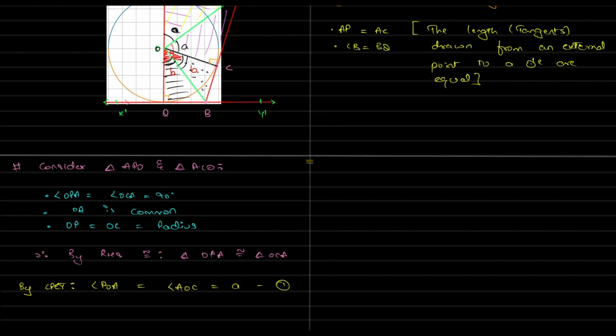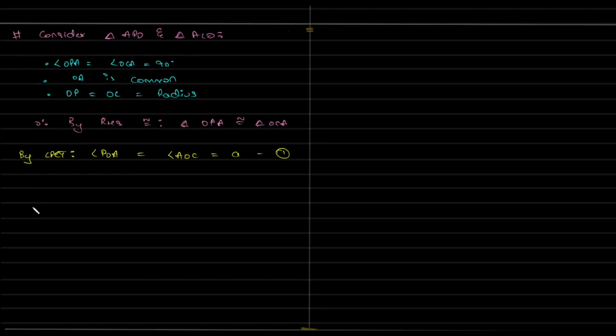We'll call this equation 1. Next, similarly, by considering triangle OCB and triangle OQB, we have angle OCB equal to angle OQB, which is equal to 90 degrees. Then OB is common, and we have the radii OQ and OC.